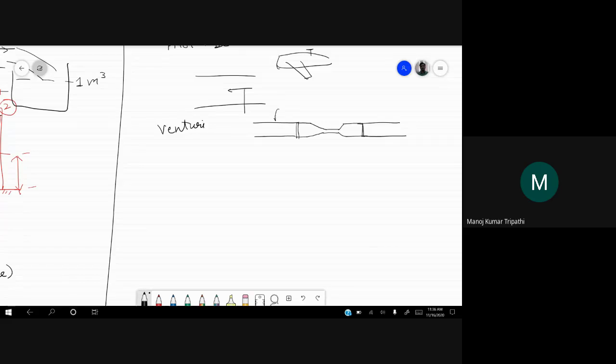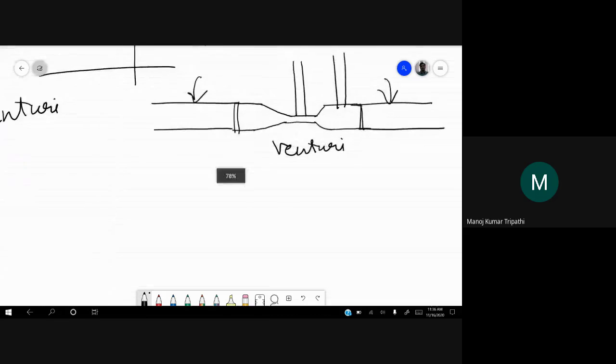This was the original pipe, and we have put this venturi in the middle, and then you can measure the pressure difference between these two columns here that I have drawn.